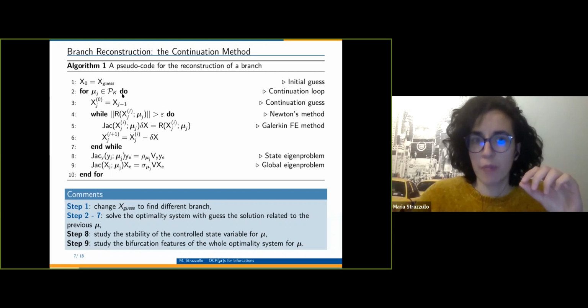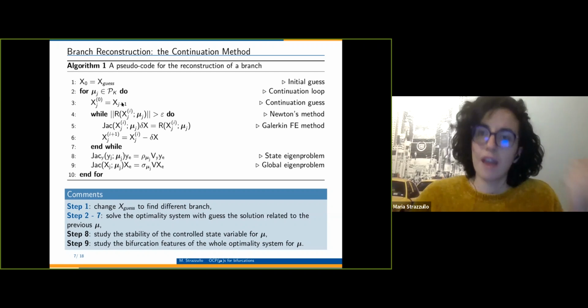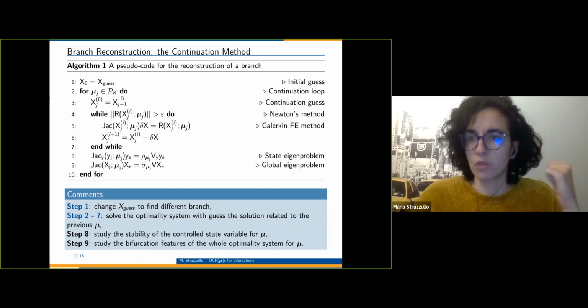And for each parameter, you solve with Newton's method, using as guess the previous solution with respect to the parameter space. So you solve the optimality system, as I've written here, with the guess being the solution related to the previous step, okay?